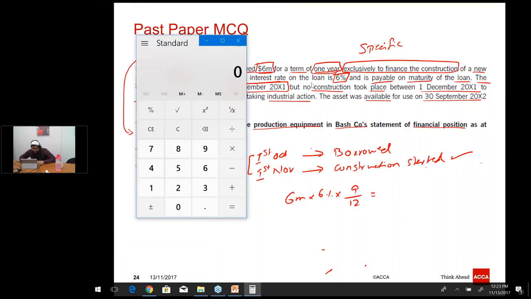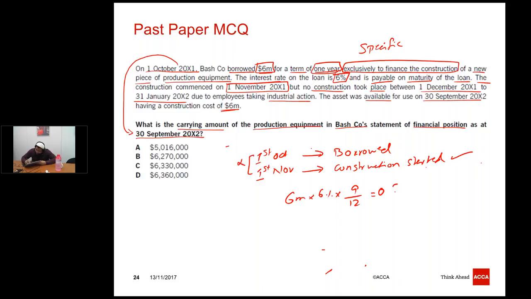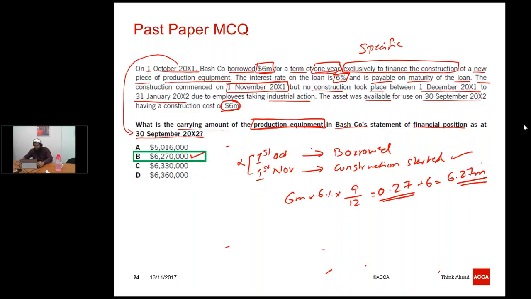So this is 6 million into 6% into 9 divided by 12 is 0.27. So this is the amount of the interest that is going to be capitalized. Now the question was asking the value of the production equipment. So the cost was 6 plus the borrowing cost 0.27 is going to be $6.27 million. So the answer is B. You people are correct. So this is the answer.